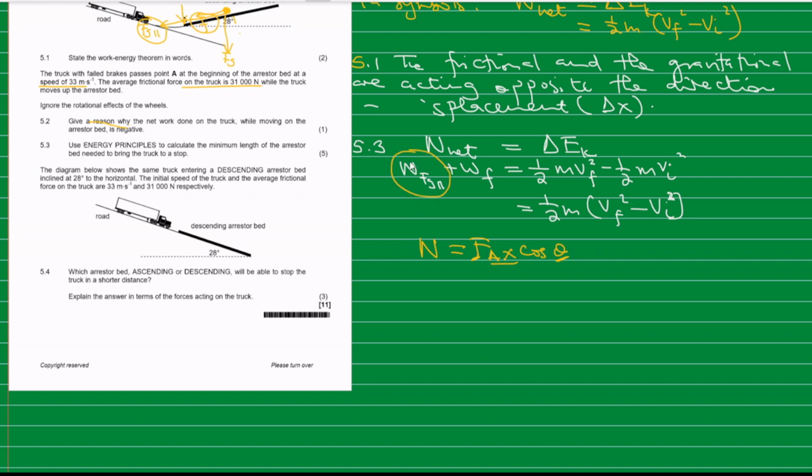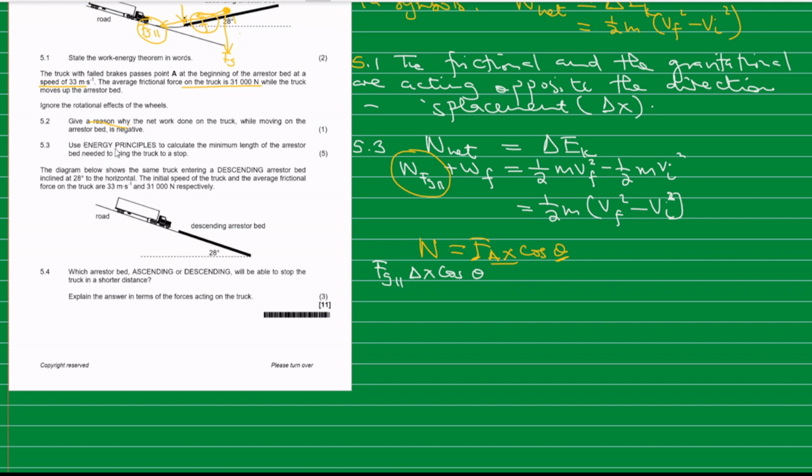So writing WFg, the work done by the gravitational force, we write it as Fg parallel times displacement delta x cos theta, because our force here is Fg. Our displacement is the distance up the arrestor bed that the truck is going to move, which is what we are going to calculate.